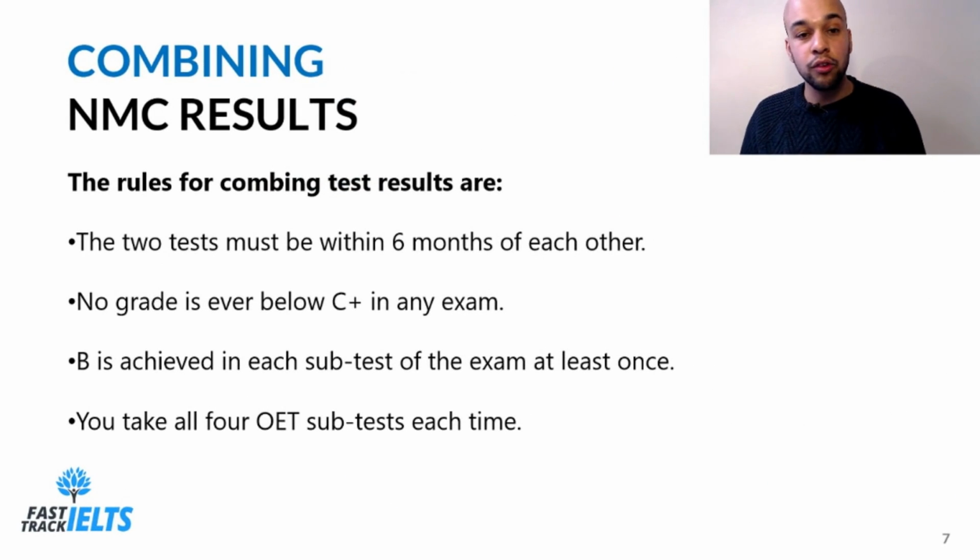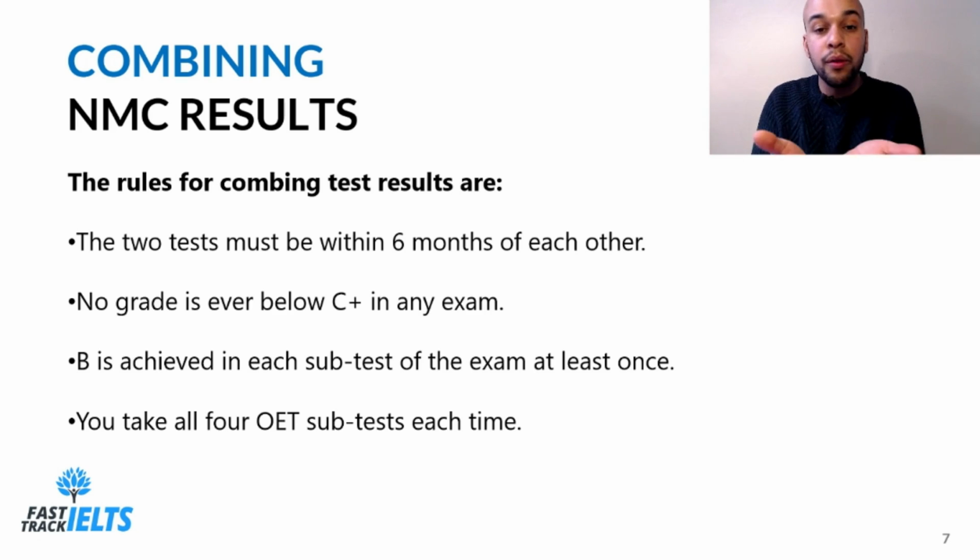Combining your results is where you take the results from one test and the results from another test and put them together to hopefully achieve a passing grade. So maybe you failed the writing one time, you pass it another, you failed the speaking one time, you pass it the other, you'll combine those results together, so you've got a B or a C+ in all of the areas. So let's have a look at some of these rules.